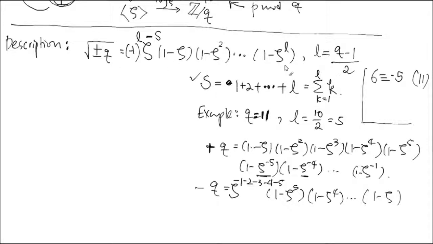So 1 through half of q minus 1, and I have exactly that number of copies of this, which has already gone to that side. So I was wrong about this part. I should not have this one, because I already put that over there in the plus or minus q.